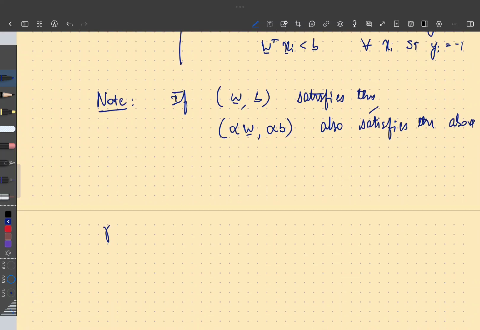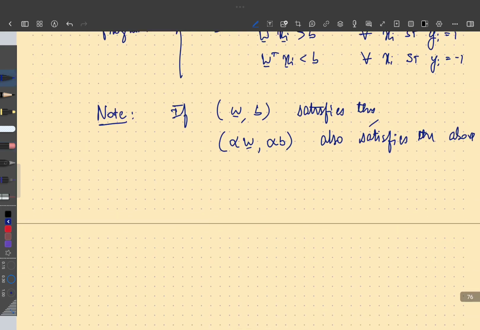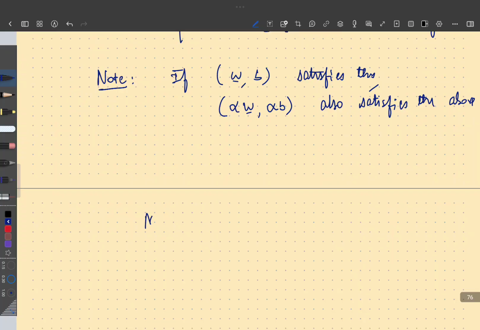Well, one way of saying is let's define gamma to be, given the data set, let me define, but maybe even before that, there's another way of stating this. The annoying part is that it can be scaled. That's one of the annoying parts.